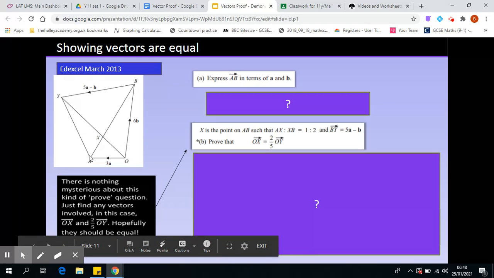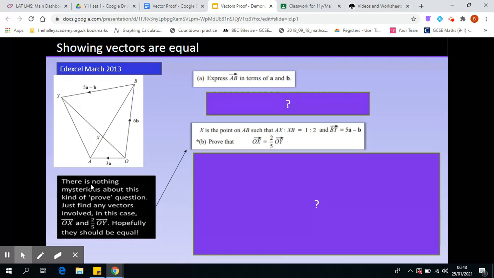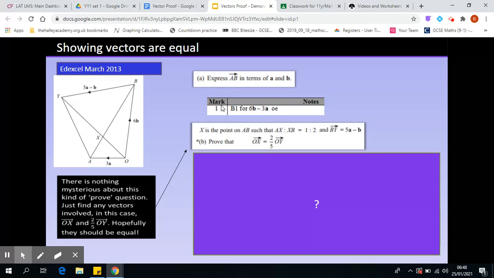AB, we could follow the route A to O and O to B. And we know AO is opposite to 3a, so that would be minus 3a plus 6b. Either we could write minus 3a plus 6b or 6b minus 3a, and they're both equivalent to each other.